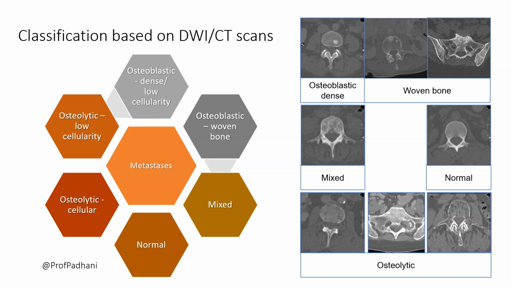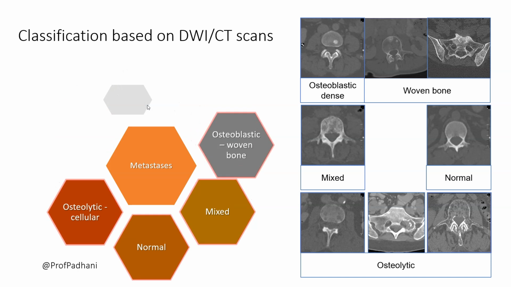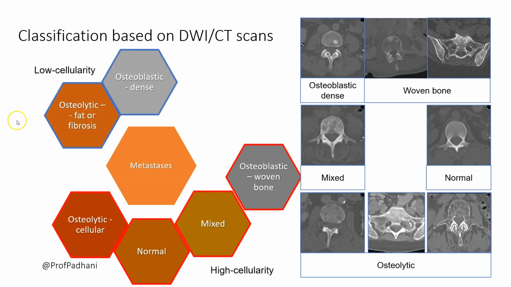So you will find that you will have osteoblastic deposits which are of low cellularity, and in fact you will find osteolytic deposits which are also of low cellularity, either containing fat or fibrotic material.